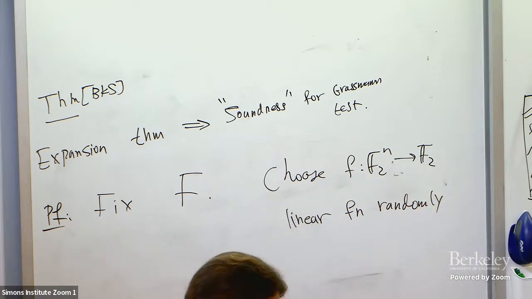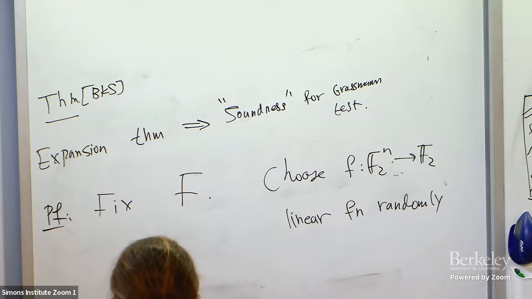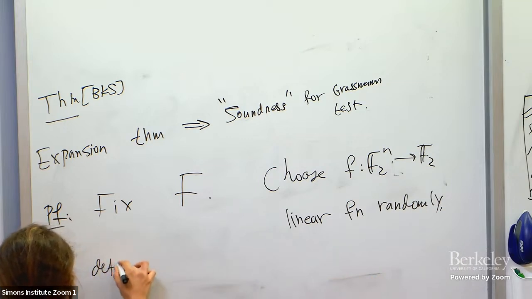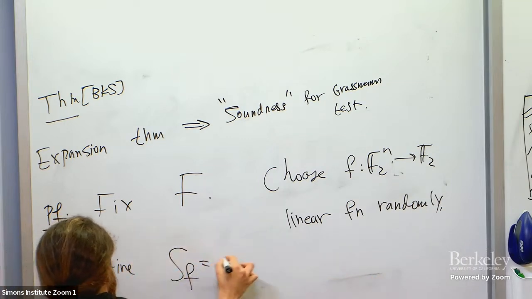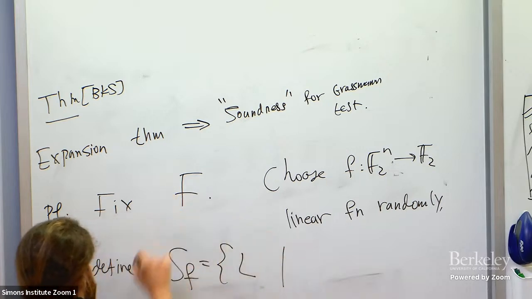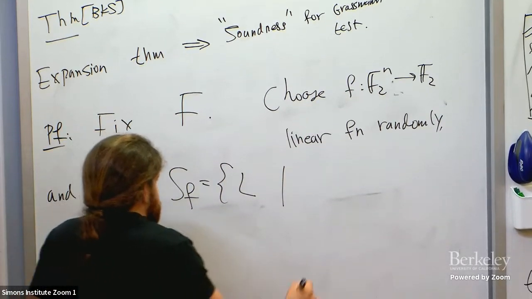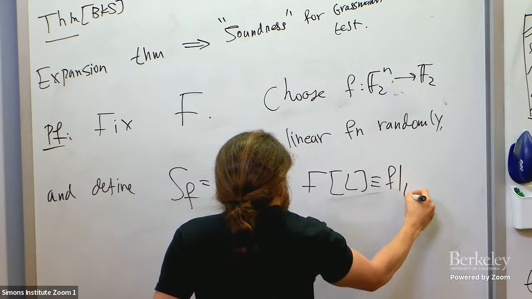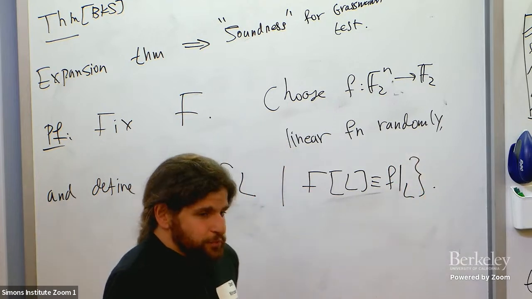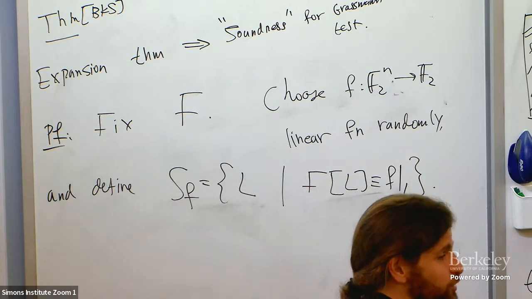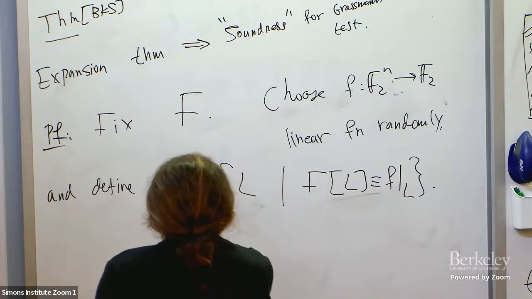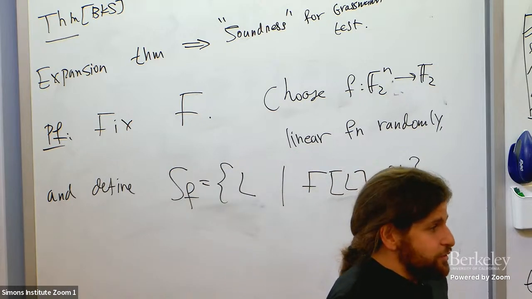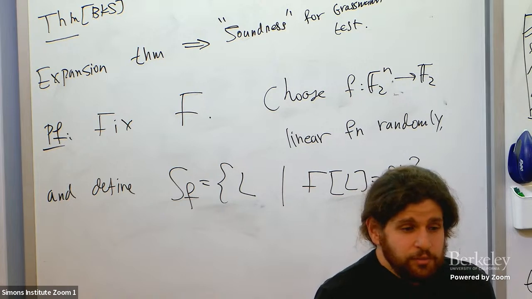We choose a random linear function, and we look at the subspaces on which the assignment capital F agrees with this random linear function that we sampled. This is really odd, but this is what we're going to do. Now we have a random set of vertices, and we try to compute the expected density of it and the expected edge expansion and hope for the best.